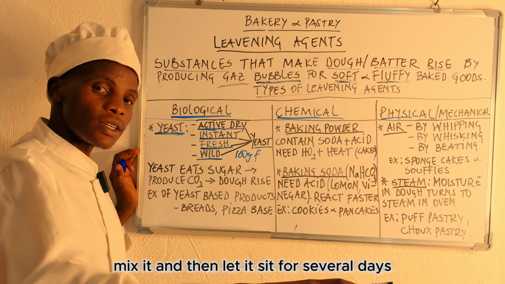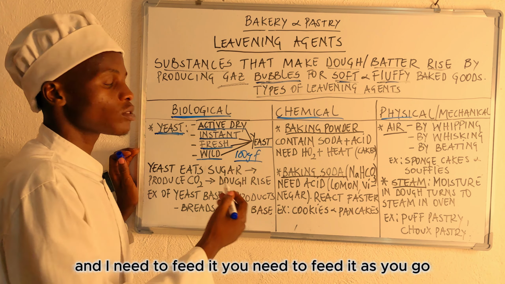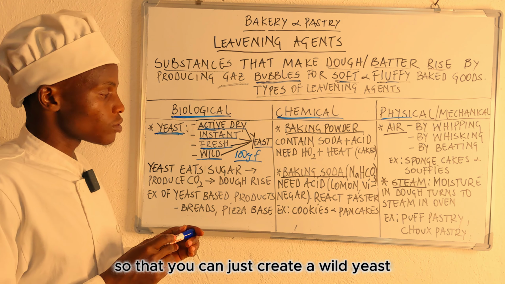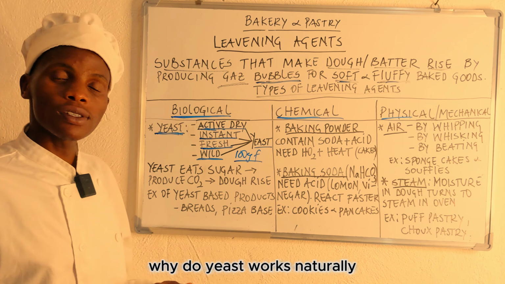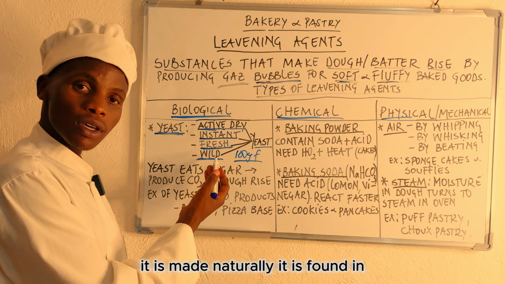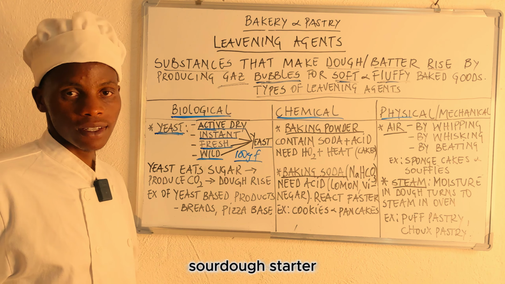Mix it and then let it sit for several days, and you need to feed it as you go so that you can create a wild yeast. Wild yeast works naturally. It is found in sourdough starter.